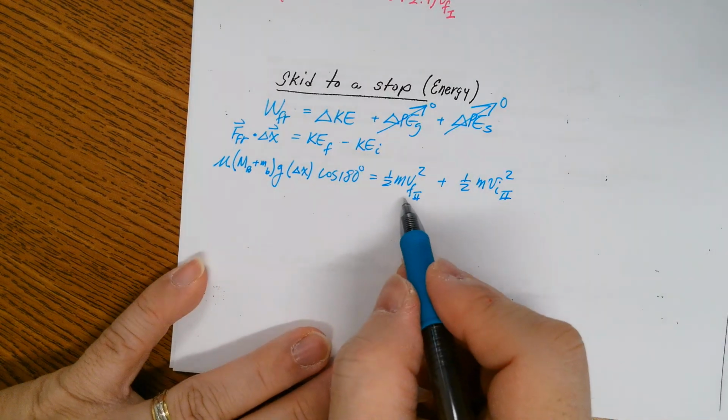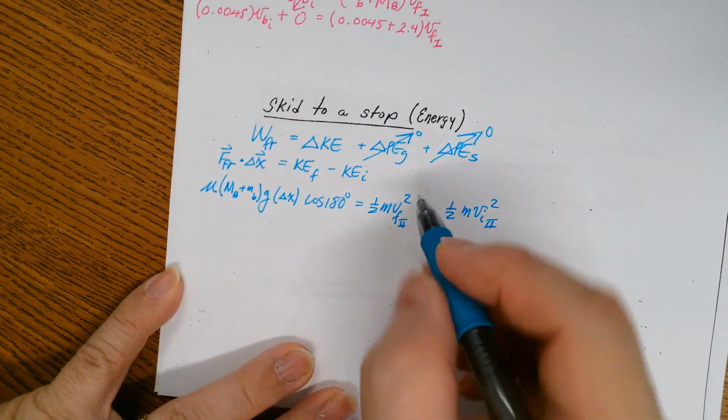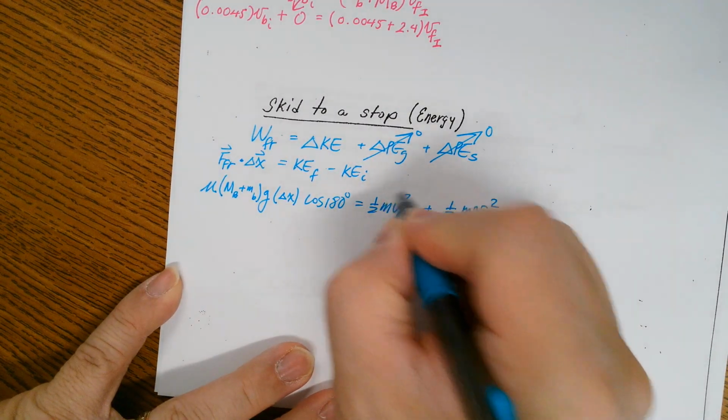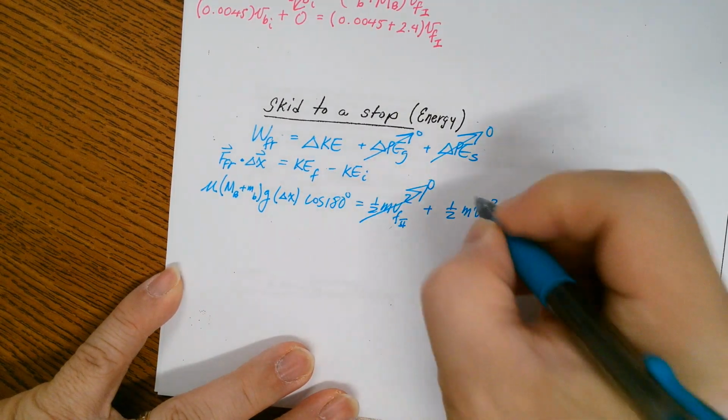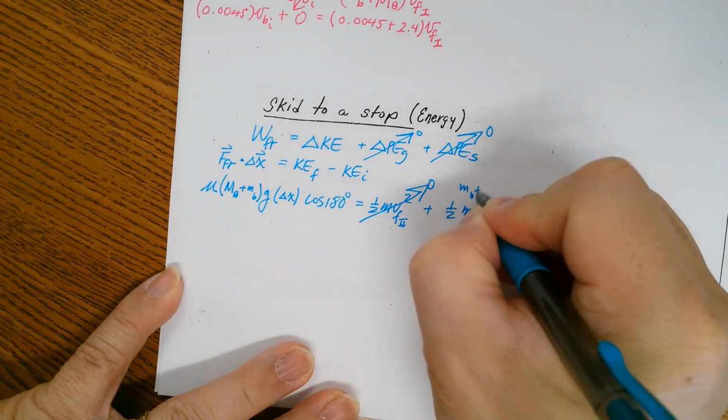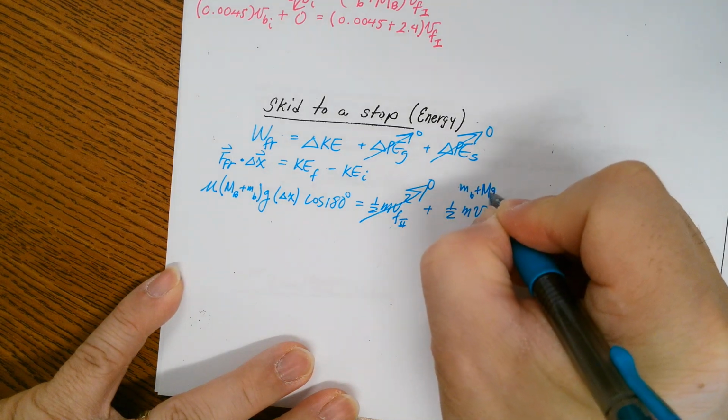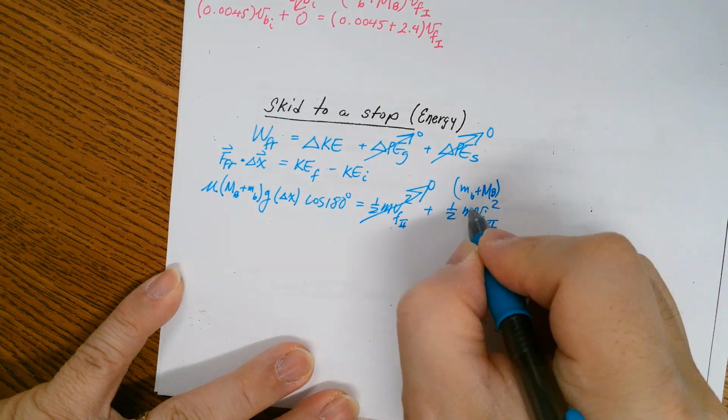Now we already know the final velocity of this mass is going to be 0. So this mass here is mb plus mb.